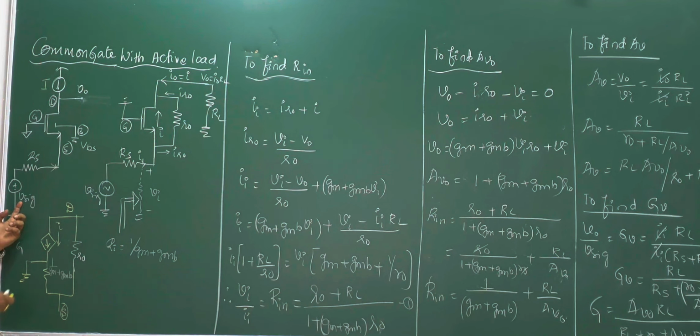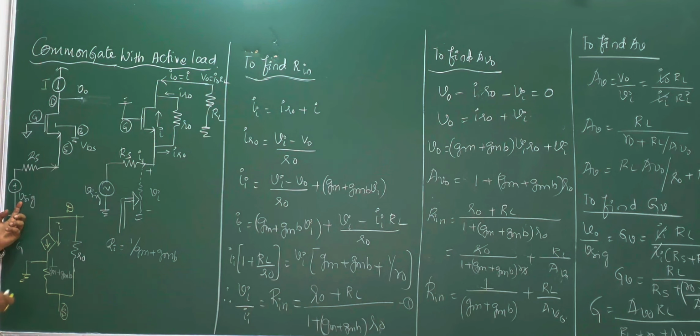Suppose RL is equal to R0, so we get 2R0 in the expression, and the equation can be changed. Suppose R0 is infinite and RL is there, the equation is just RL divided by 1 plus (GM plus GMB). So these were the three different forms of the equation for input impedance.